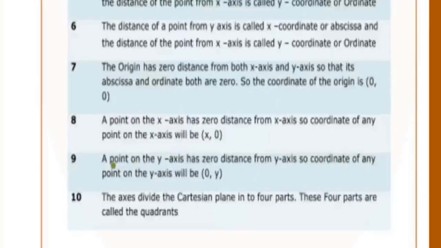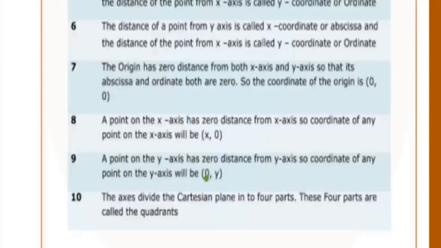And similarly, a point on the y-axis has 0 distance from the y-axis. So the coordinate of any point on the y-axis will be (0, y). That means if a point lies on the y-axis, then the coordinate of that point will be in the form of (0, y).